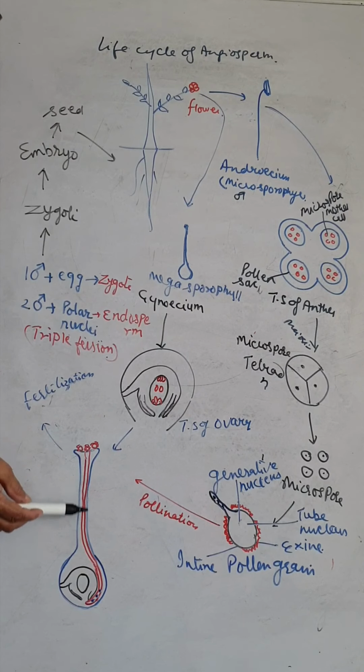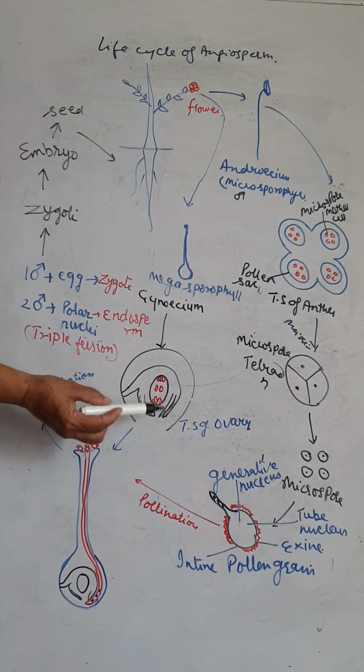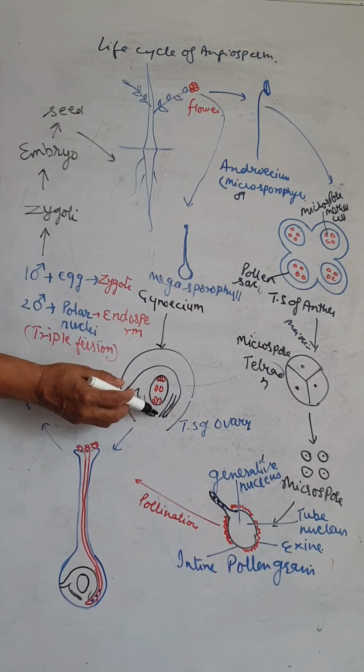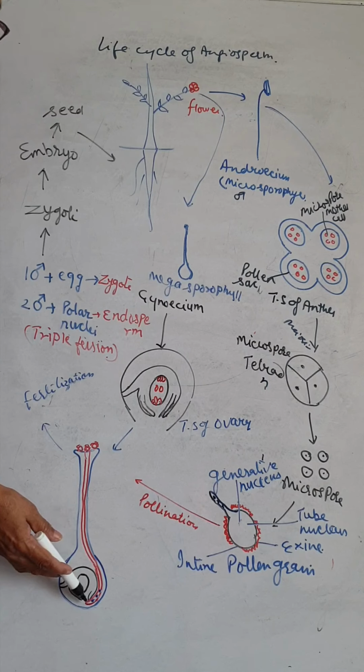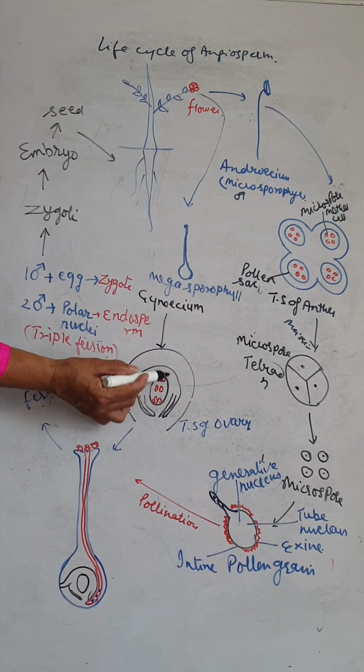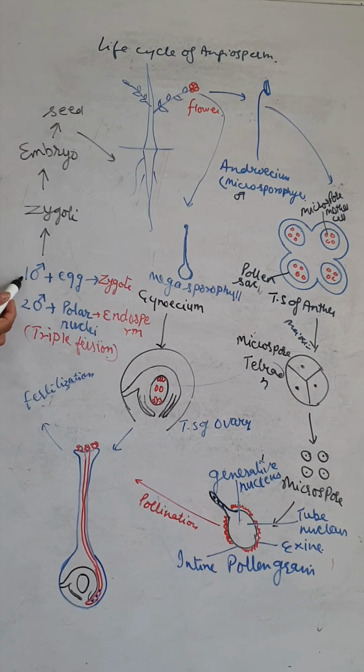The pollen tube enters through the stigma and style, reaches the ovary and enters through the micropyle. The tube nucleus dissolves and the two male nuclei enter into the embryo sac. One male nucleus fuses with the egg and forms the zygote.